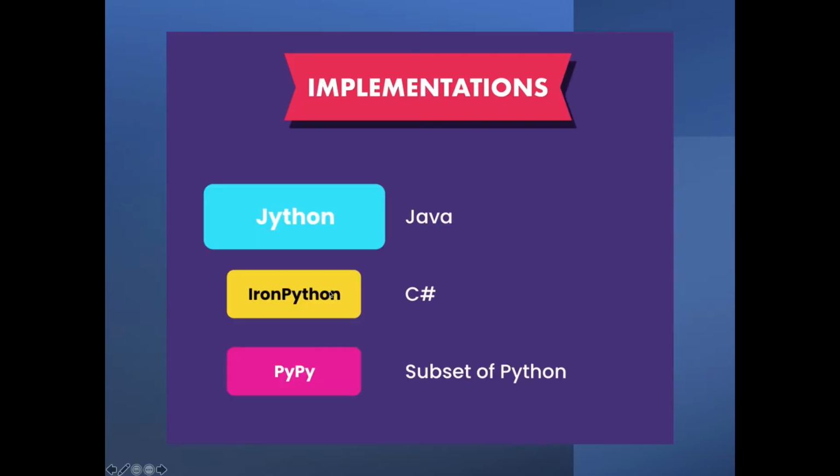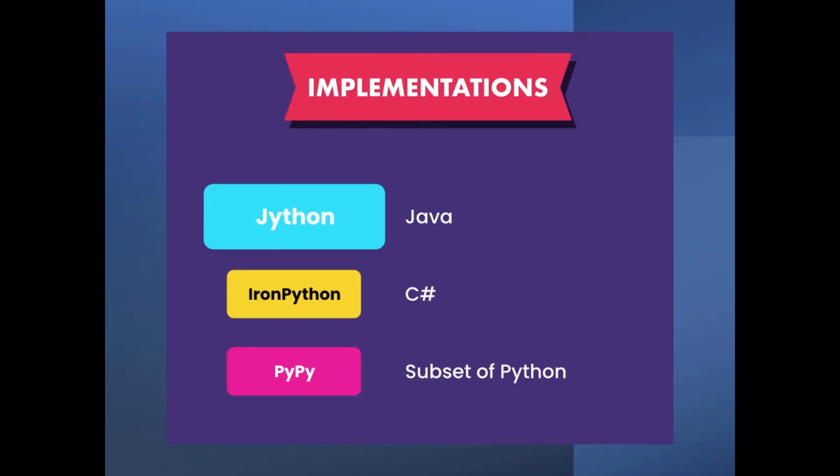Okay, so the one we downloaded from Python.org is the default implementation of Python, and it's called CPython. It's written in C, that's why they call that CPython.